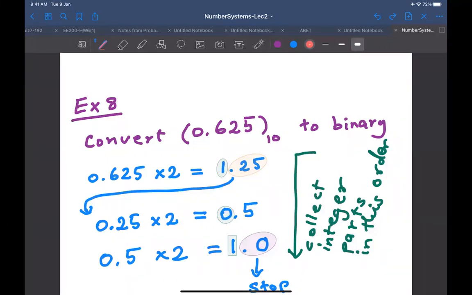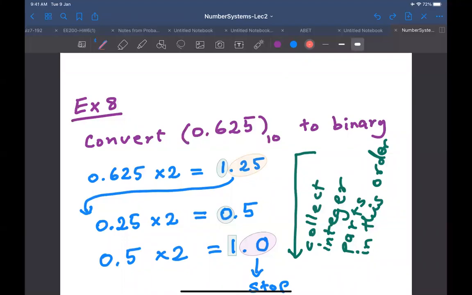So now the integer part will form the answer for us. The fraction you take and consider as your new fraction.